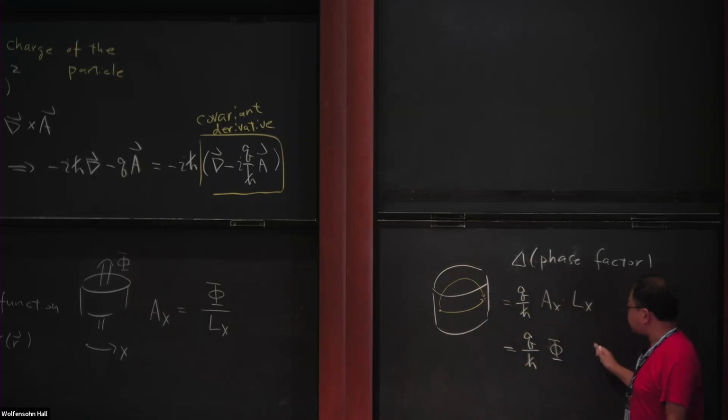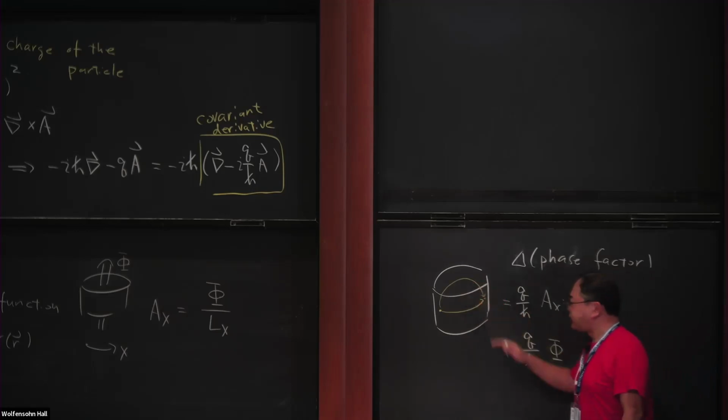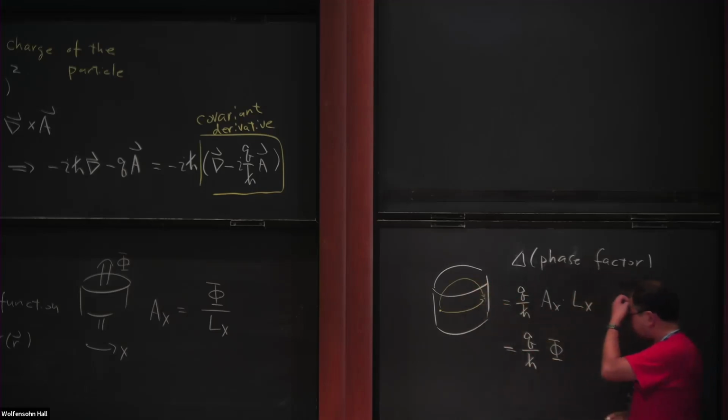And this phase difference causes a different interference pattern. So in general, non-zero magnetic flux, even though this does not have any effect classically, has some effect on particle motion confined on this two-dimensional system.